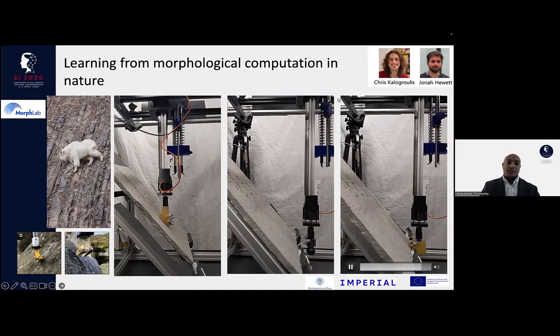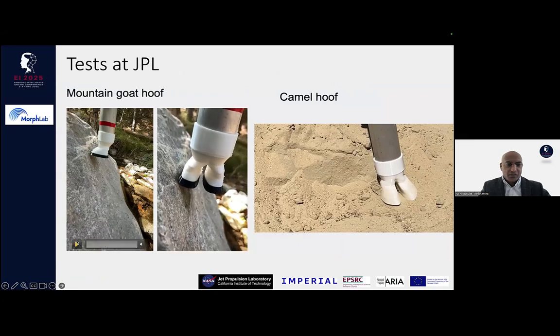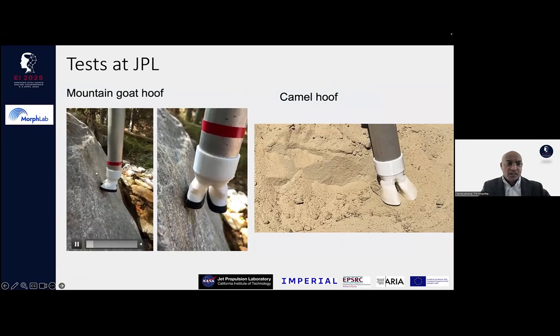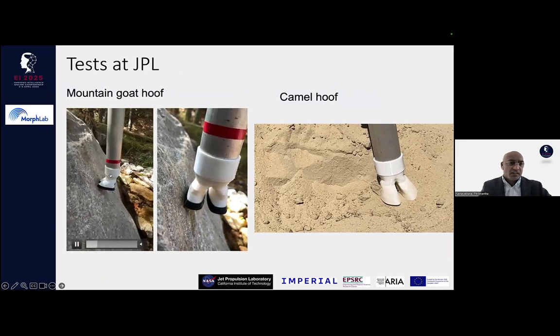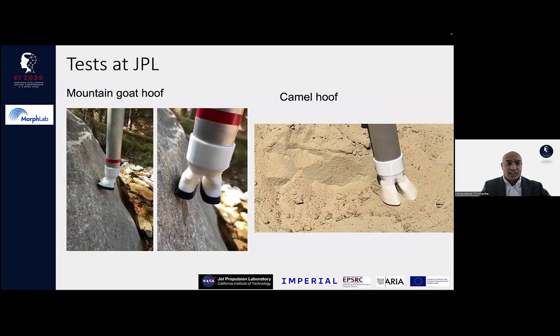So this was tested in multiple environments. This is some of my testing at JPL last summer. These were tested on slopes. These morphological features of edges do help. You saw it is not getting stuck per se.